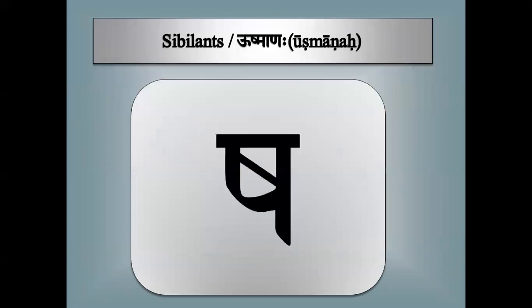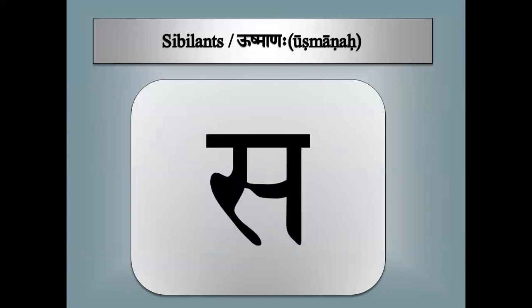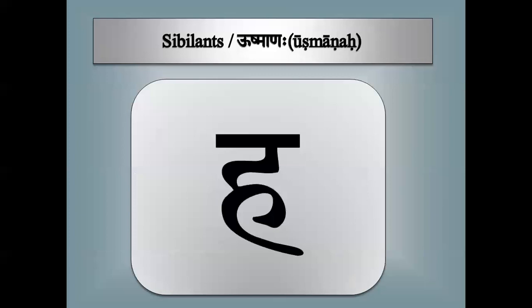So it becomes sha, murdanya, and sa. Sa is you write ra and one vertical stroke and connect that. That is sa. The last one ha. Okay. So sha, sha, sa, ha.